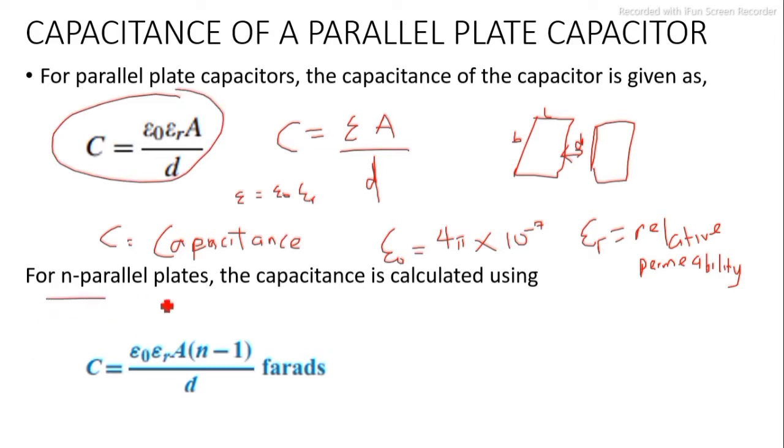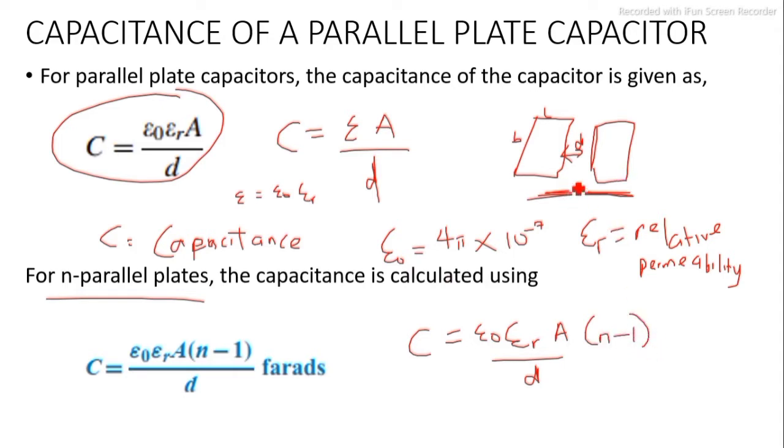But if you have n parallel plate capacitor, this is for 2 parallel plate capacitor. So if you have n parallel plates, the capacitance is calculated using the same formula: C equals epsilon naught, epsilon r, A, divided by D. But if you are given n parallel plates, you multiply by the number of plates minus 1.